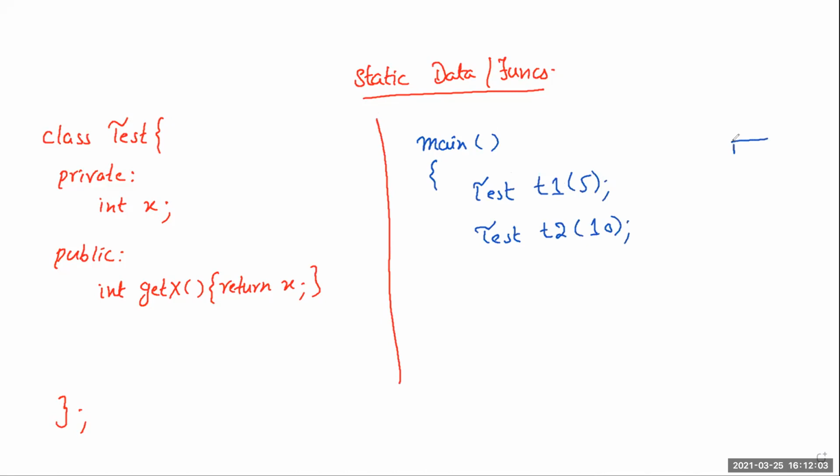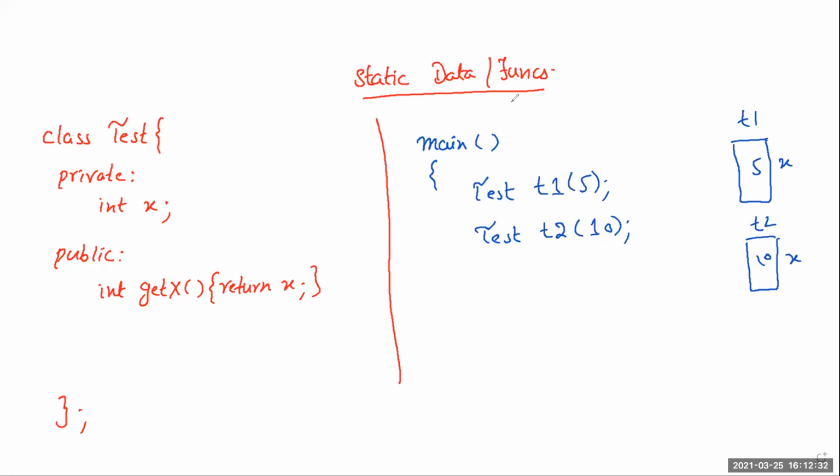From our discussion so far, we know that whenever you create an object, suppose this is t1, it has one data member x, it will get value 5. Similarly, you have another object which is t2, it is getting value 10. Now we have been discussing that every time you create an object, every object has a separate copy of data, right?